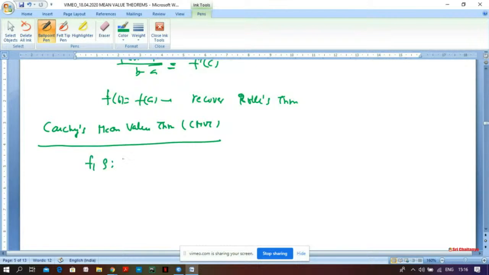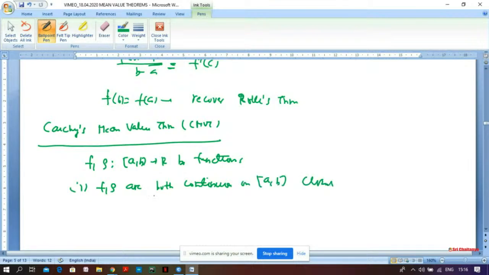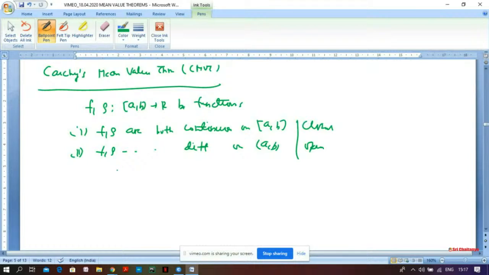Let f, g: [a, b] → R be functions such that first, they are both continuous on the closed interval [a, b], and f and g are both differentiable on the open interval (a, b). And third, g′(x) is not 0 on (a, b). Open (a, b) means g′, the derivative of g, is never 0.